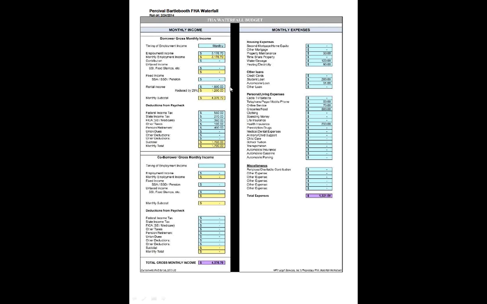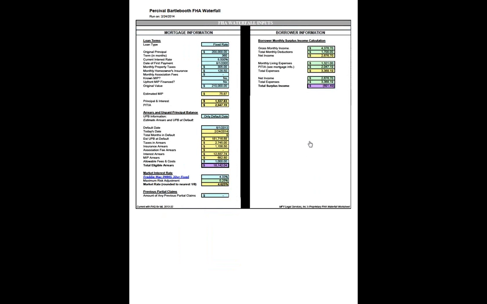So we enter in that income information, and then because we need net income, we also enter in the deductions from the paycheck, since these come out of net income. And then we also list some other expenses which come out of surplus income. And this is that person's budget.